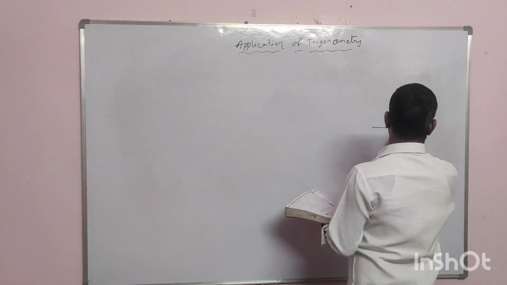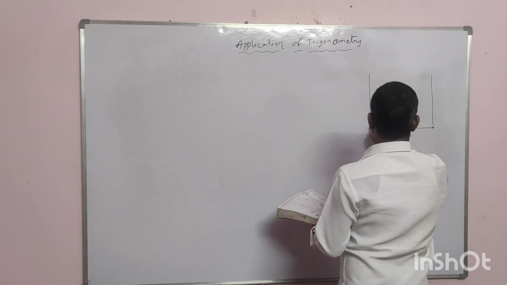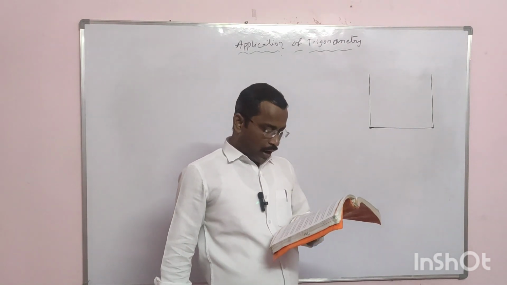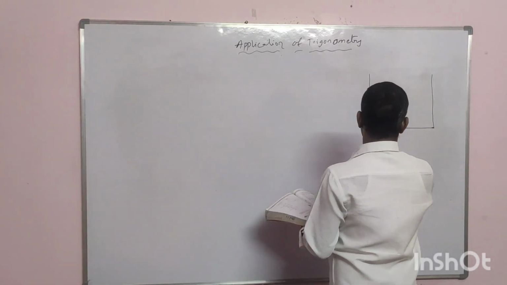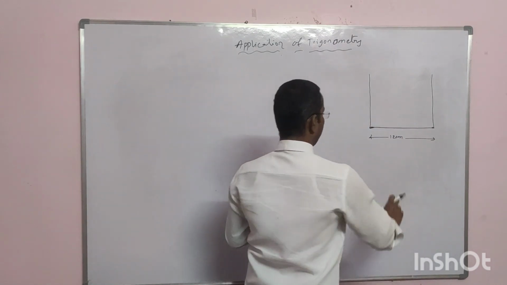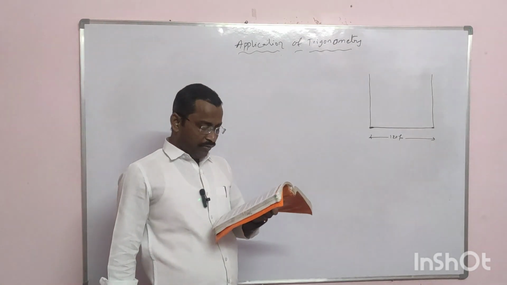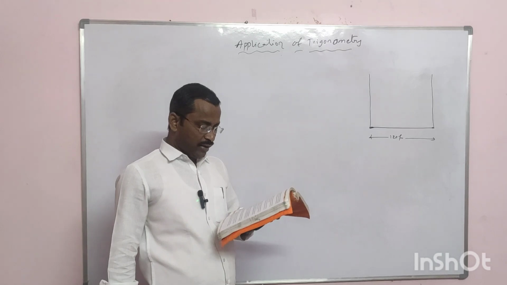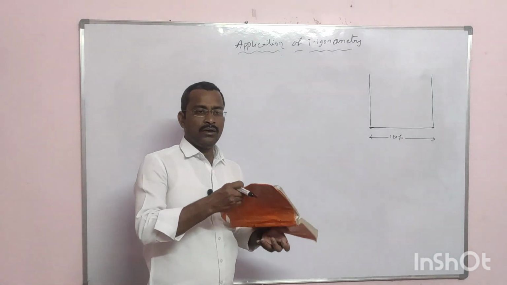And this is your road and there are the 2 poles which are having the equal heights. ఇప్పుడు ఏమంటున్నాడు, ఆపోజిట్ which are 120 meter wide. అంటే రోడ్ వైడ్ ఎంత ఉందన్న? 120 meter width. Sorry, feet. From the point between on the road, the angle of elevation of the top of the poles are 60 degrees, 30 degrees. Find the height of the pole and the distance of the point from the poles.